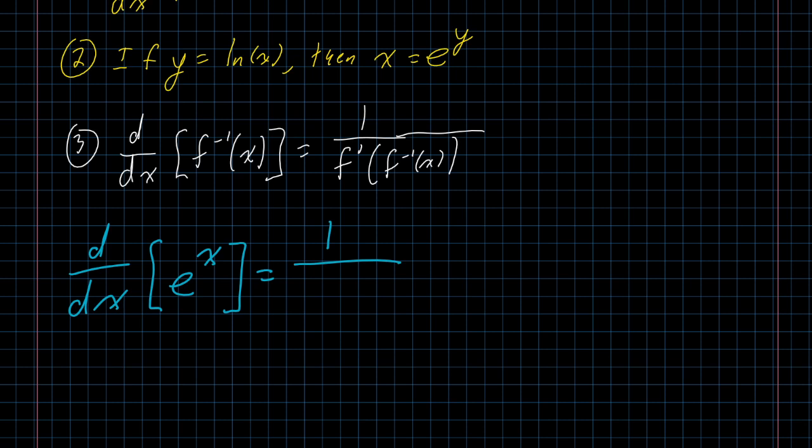Well, the inverse function is natural log, and the derivative of natural log is 1 over, and then it would be x, but we evaluate at the inverse function whose derivative we're taking. So the derivative of e to the x is 1 over e to the x. And the reciprocal of something is that original thing.